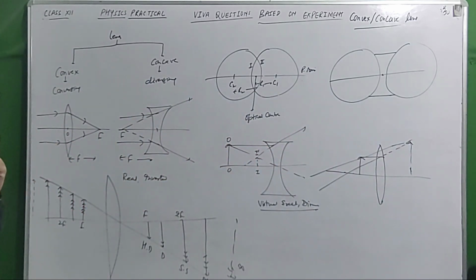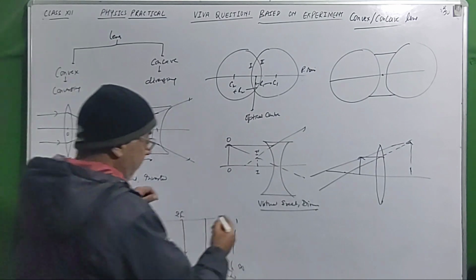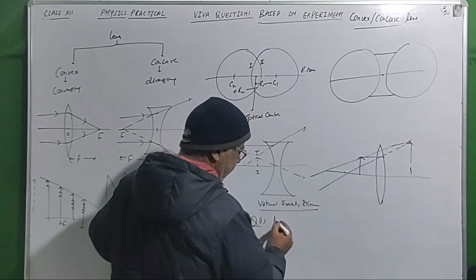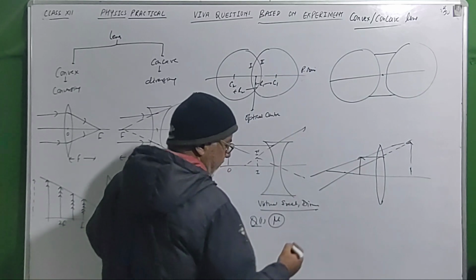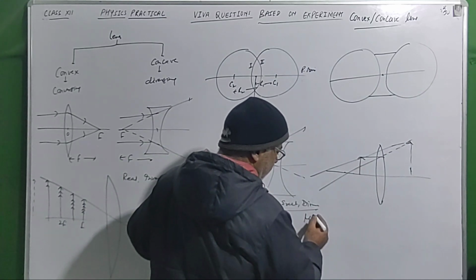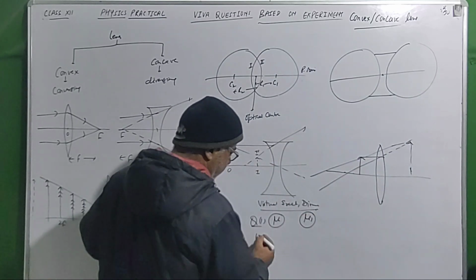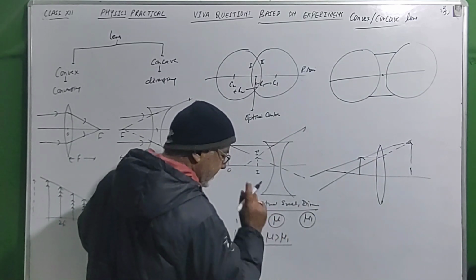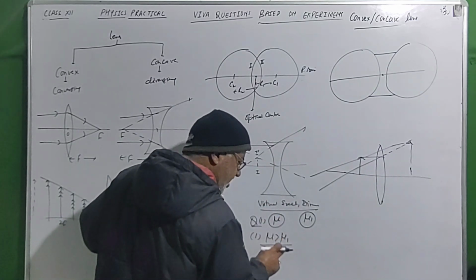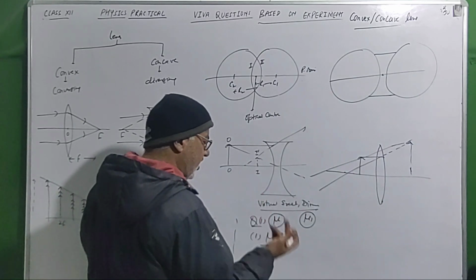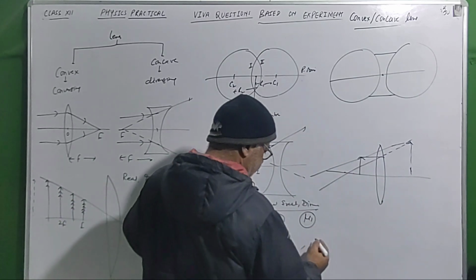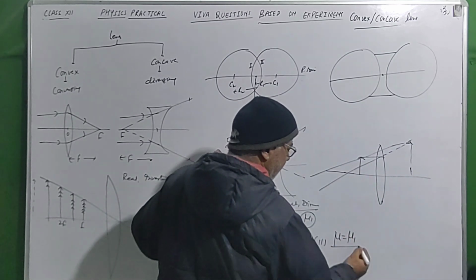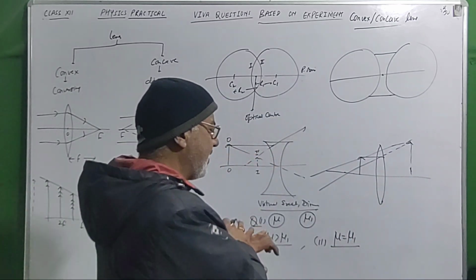What happens to the lenses? One more question the examiner can ask. We have a lens whose refractive index is mu, and we immerse it in a liquid whose refractive index is mu1. If mu is greater than mu1, please remember there is no change in the nature of the lens; the focal length and power change. Second, if the refractive indices of the medium and the lens are the same, then the lens becomes invisible.